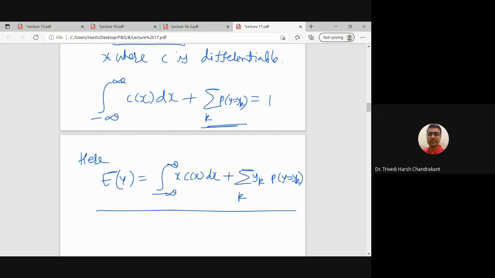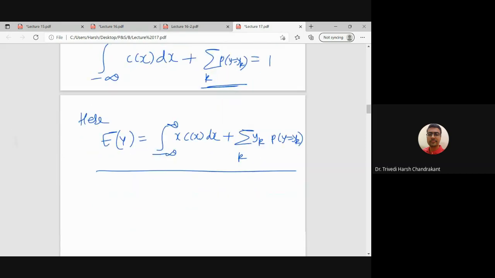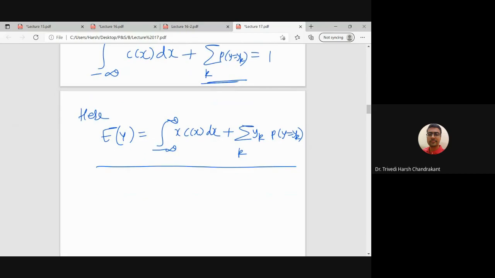So this is our expectation formula of the mixed random variable.